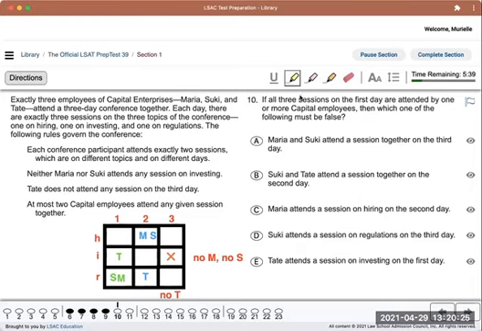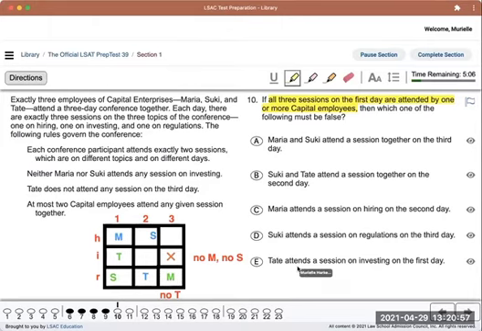Right. If all 3 sessions on the first day are attended by 1 or more capital employees, so day 1, that means T definitely has to attend investing on the first day. And then we have S and M, and we can switch those guys around. That's fine.